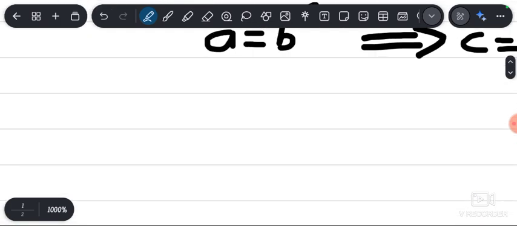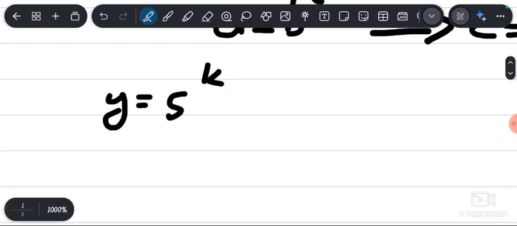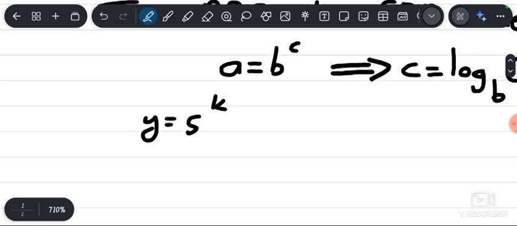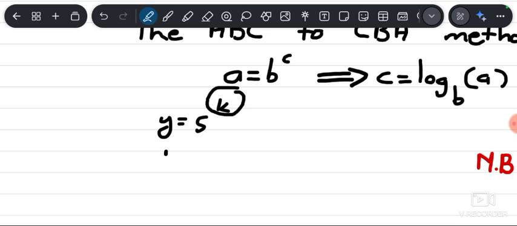Now for example's sake, because I know you guys, you'll want an example. Let's say you want to do 5 to the power k. You're going to do the same thing. You're going to take the k and drop it, then put log.